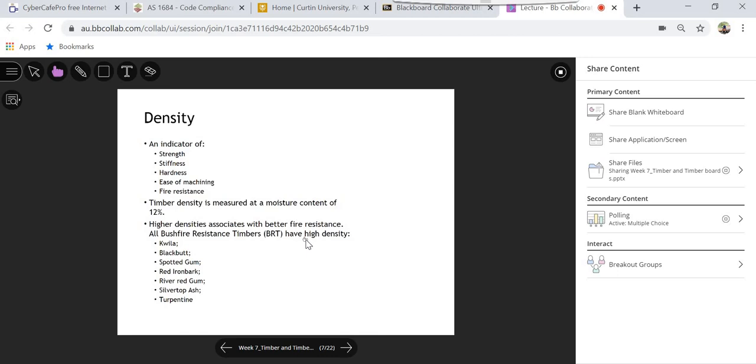Higher density is always good. Although it means the timber is heavier, it's also stronger and stiffer. The difference between strength and stiffness, I don't know whether I have explained or not. Strength is resistance to loads, so it's a structural failure thing. Stiffness means resistance to deformation, deflection. So that's the difference between them.